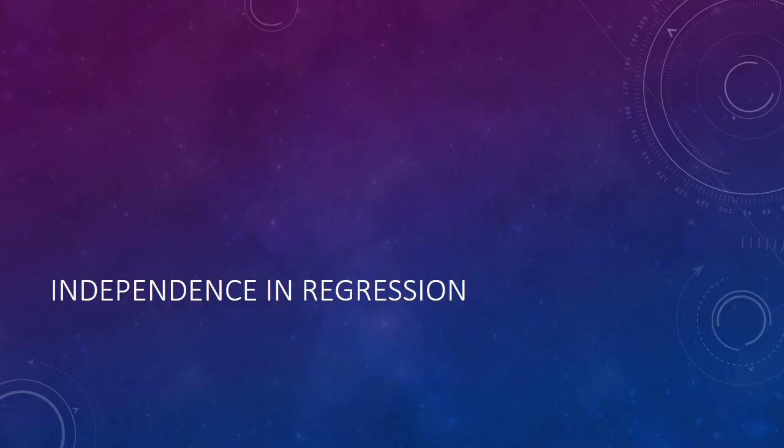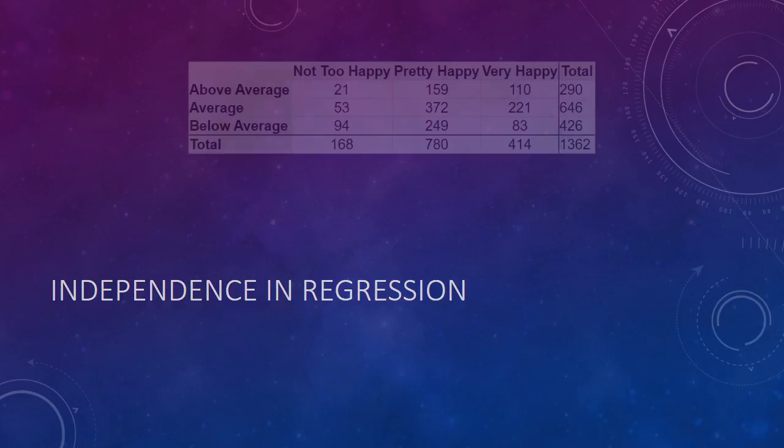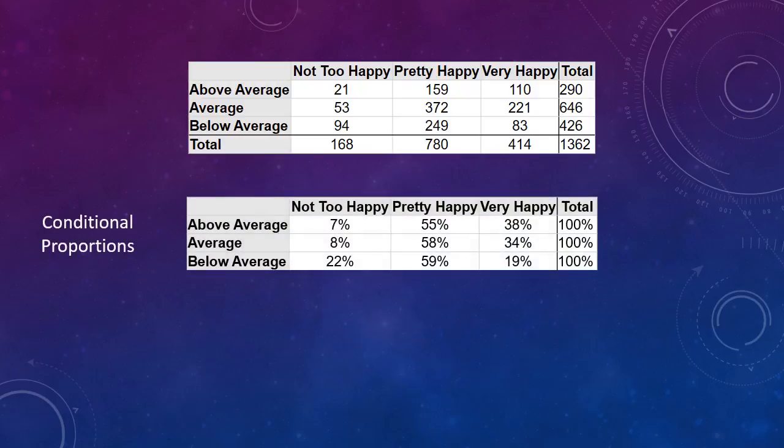To investigate categorical association, we made a contingency table with the conditional proportions of one variable given the value of the other variable. That is, we said, what are the proportions of each kind of happiness just for people with above average income? And what are the proportions of each kind of happiness just for people who have average income, and so forth.